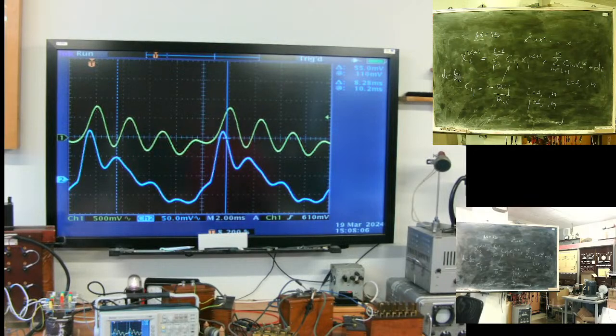Blue line is current number 2. See the blue line? Now, here is calculated.